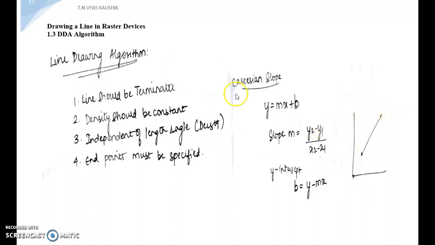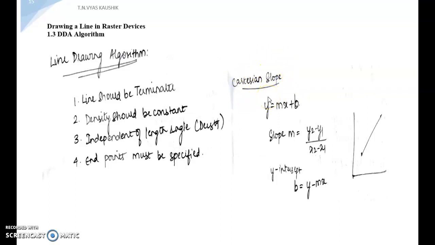Now let us go to the DDA algorithm, the digital differential analyzer algorithm. In this algorithm, first we need to calculate the Cartesian slope. We would have all studied in our class 11th and 12th how to calculate the slope.